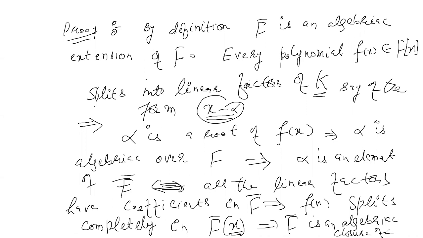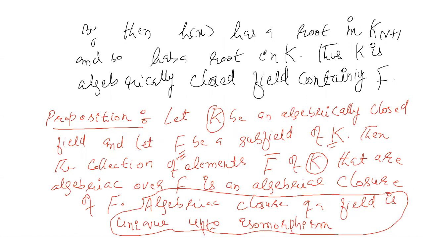So now you have an alternate description of an algebraic closure of a field. It is the set of elements of the algebraically closed field containing f, which are algebraic over f. But as a consequence of this proposition, we get a very well-known corollary. What is that?